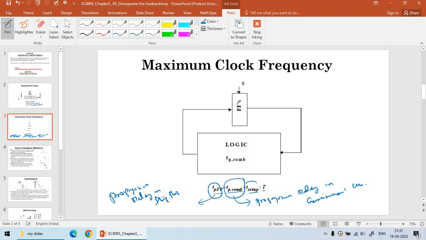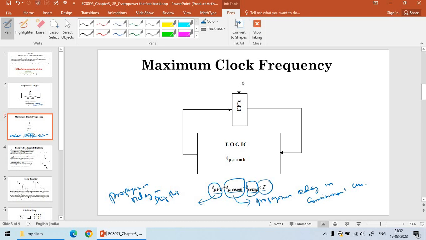Setup time is the time before the clock arrives at the flip flop by which the input should be applied. TP combinational is the worst-case propagation delay through the combinational block, and TP flip flop is the propagation delay through the flip flop. This is to be considered when you fix the frequency of the system.